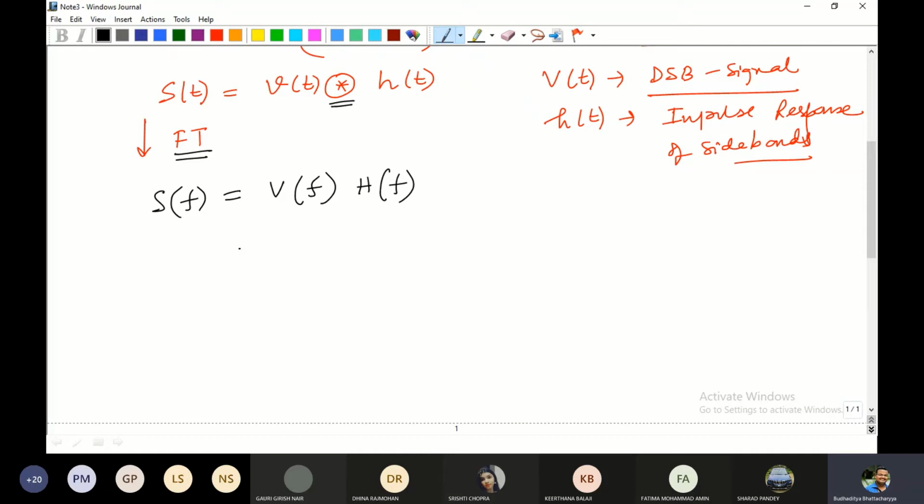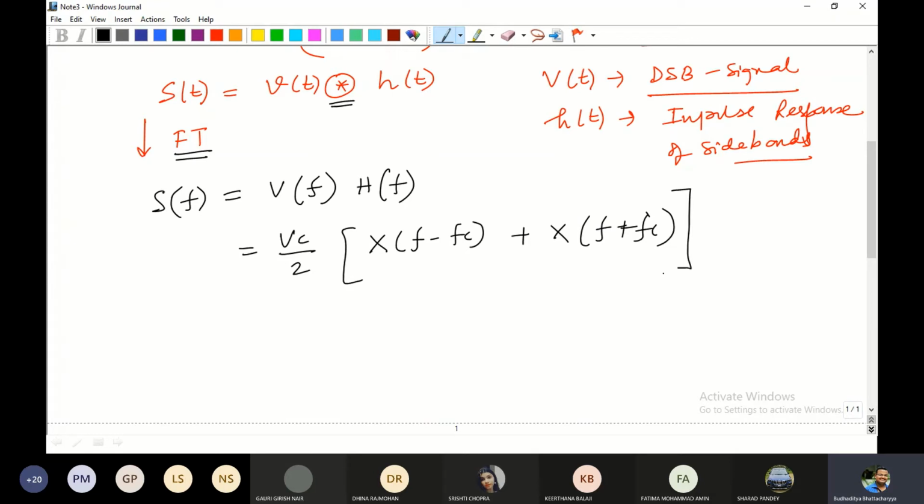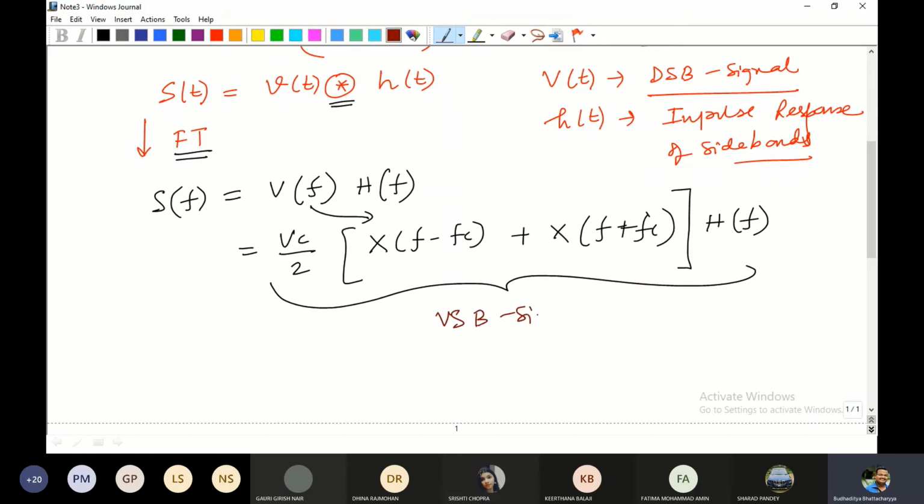And further, we can write this as Vc/2 [X(f - fc) + X(f + fc)]. This comes from the principle of the Fourier transform itself, so I'm not going much there. So this is V(f), and this is multiplied by some kind of an H(f) over here. This is how we actually generate it, and the whole thing that we are looking at over here is nothing but the VSB signal which is generated.